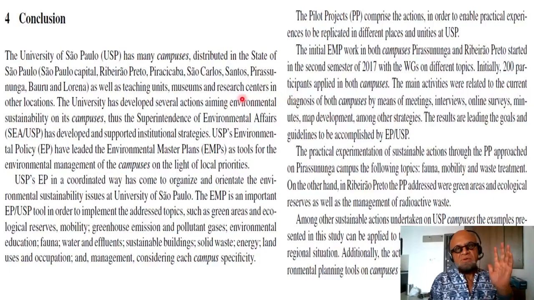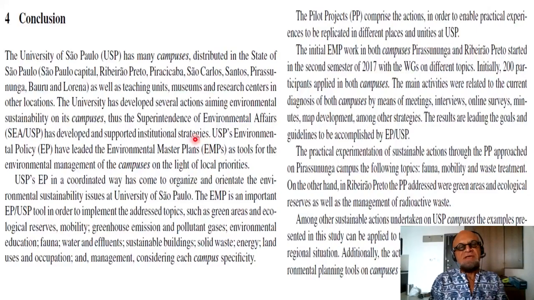The main conclusion I would say is they from the beginning have planned indicators, metrics, evaluation and progress monitoring. University of São Paulo has many campuses distributed in the state of São Paulo, as well as teaching units, museums, research centers in other locations. The university has developed several actions aiming at environmental sustainability on its campuses.